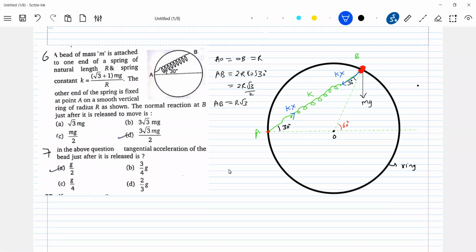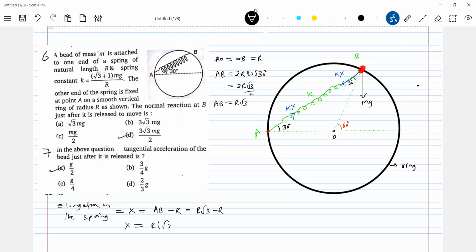The elongation in the spring is equal to AB minus R, length of the spring minus natural length of the spring. AB is R root 3 minus R. So this should be equal to R into root 3 minus 1.